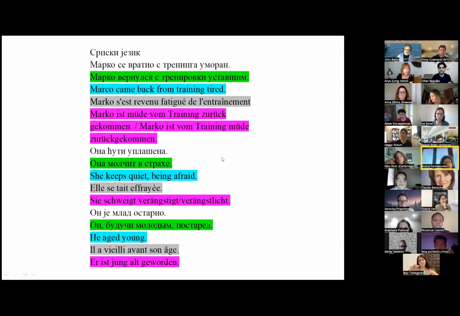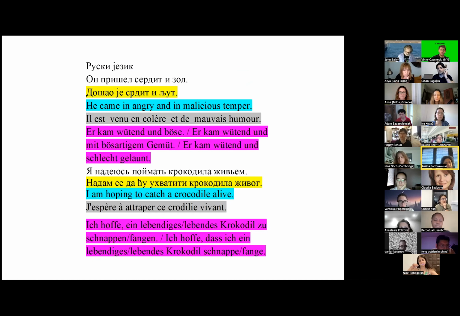This is what part of my corpus looks like. I have 5 languages: Serbian, Russian, English, French, and German. First, each one functions as a source language. I took those sentences that syntacticians consider small clauses in those languages.